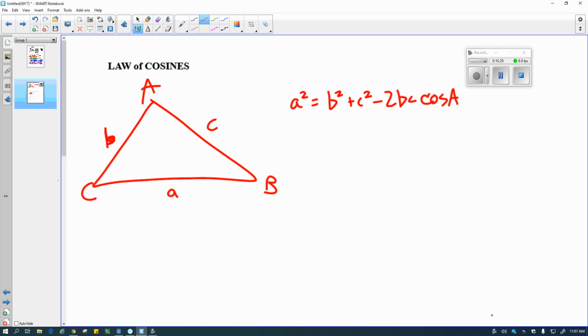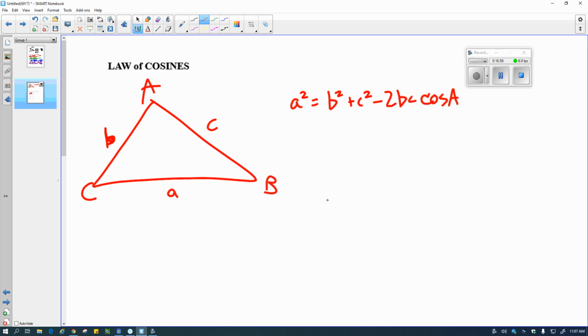And so the thing you want to watch out for when you're doing law of cosines is that the side that either you're looking for or maybe you have has to be across from its opposite angle. So when you put that in, because A squared is on the left-hand side, I have to be looking at angle A.